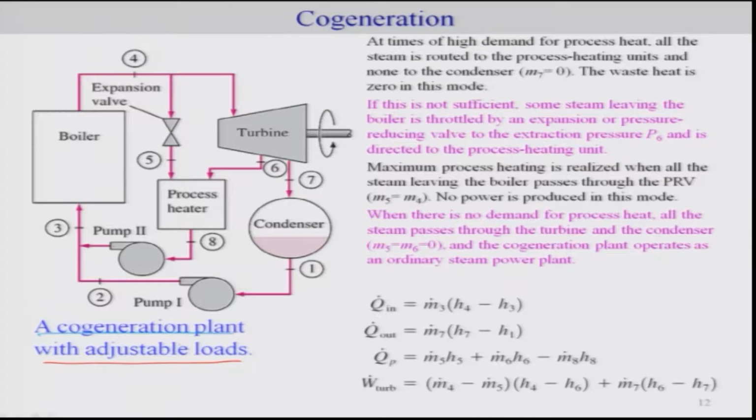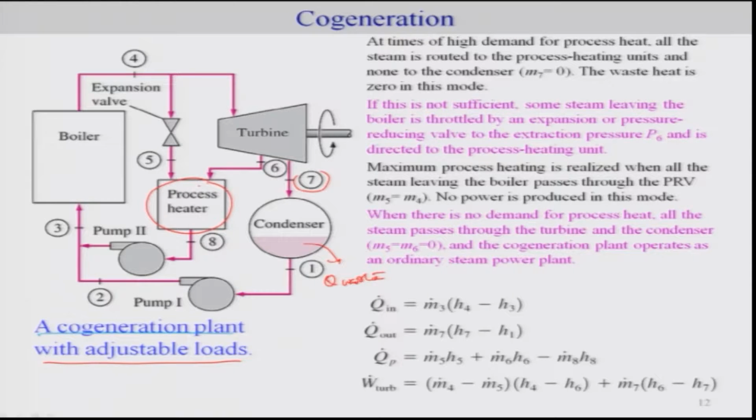From the boiler some steam is taken out, goes to an expansion valve and goes to the process heater, and the rest goes to the turbine, and here we make use of a valve which directly goes to the condenser, and of course the heat is lost. So this could be waste, and some goes to the process heater.